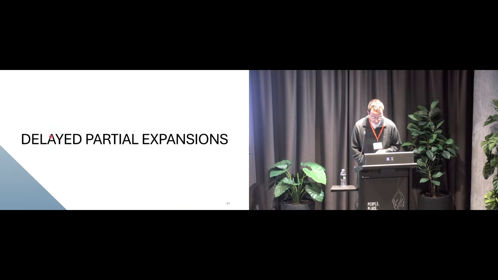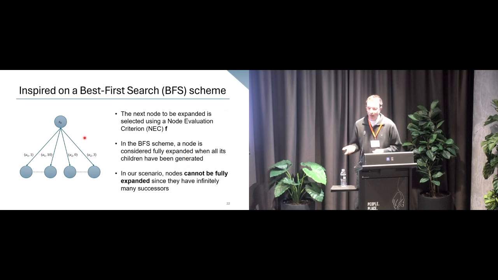So for this, we introduced the delayed partial expansion framework, okay, which is inspired by the regular forward search scheme, in which we have some node evaluation criterion, as we already know, and then the next selected node is the one with the lowest or the best value, okay?